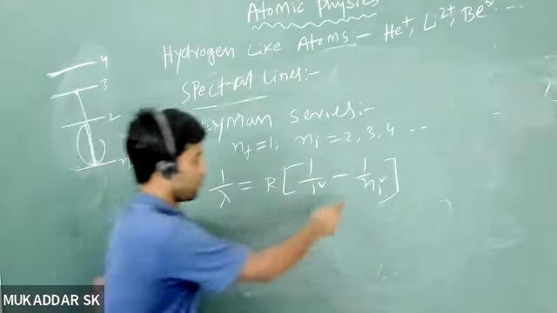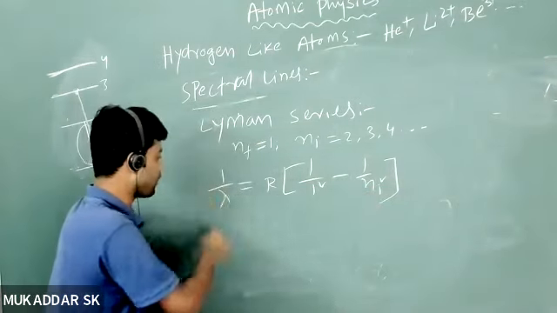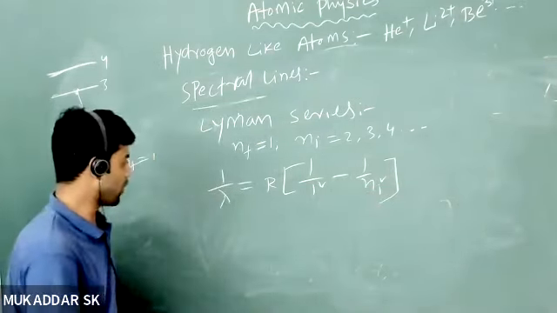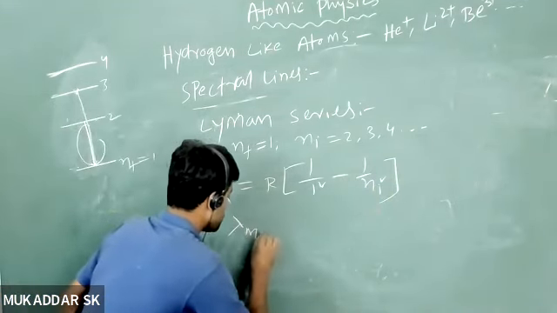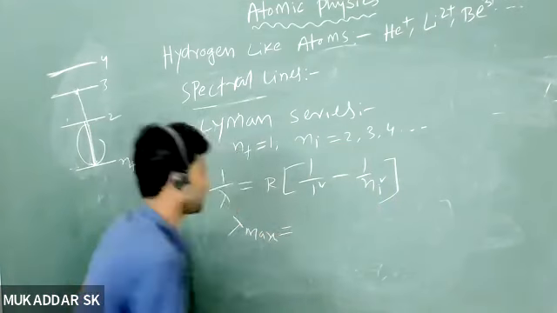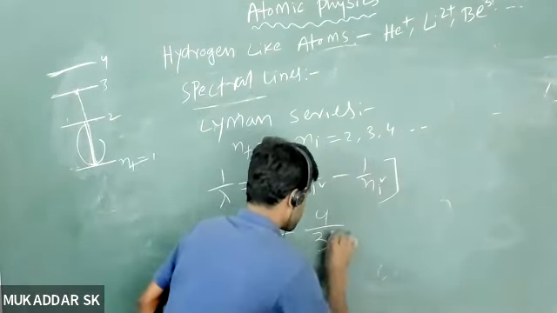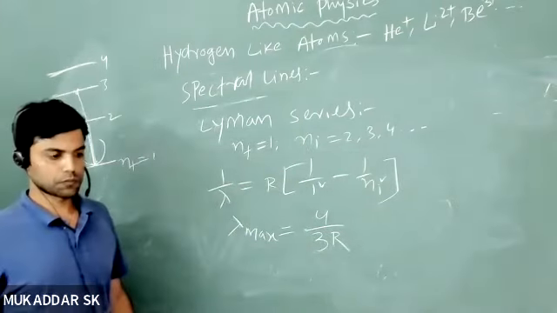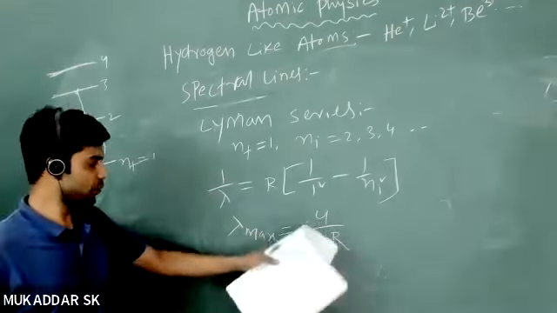Yes, when Ni equals 2, you will get the maximum wavelength of the Lyman series, and how much will that be? If you calculate lambda max, you will get 4 by 3R.